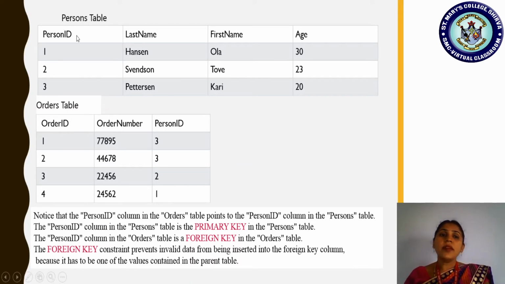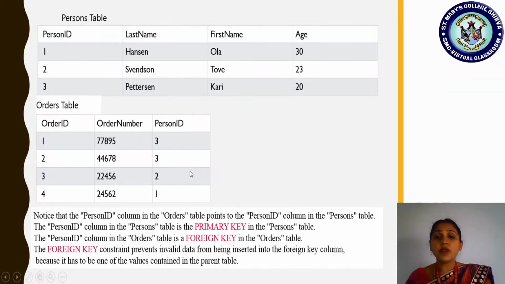The person table has all attributes related to person only, whereas now we are creating the order table, and we don't have any attributes right now. It is a new table. We want order ID as an attribute, order number as an attribute, and person ID. Person ID is the primary key of the person table, which we have to include because we should give the relation between the order table and the person table.